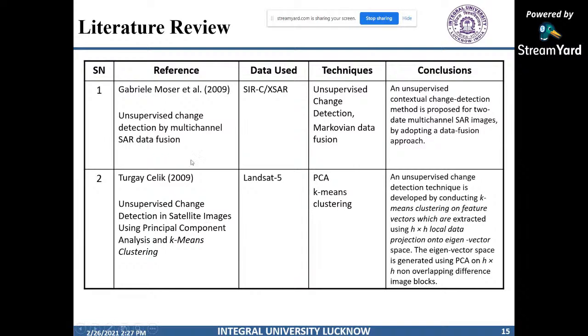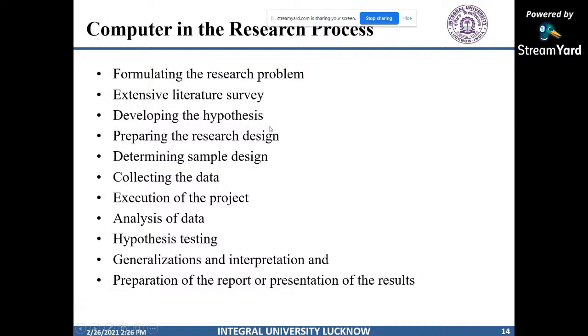After doing this literature survey, you will be developing the hypothesis of your research. You will be finding the research gap in that particular research problem on which you are going to pursue your PhD, or the research you are going to carry out during your PhD.